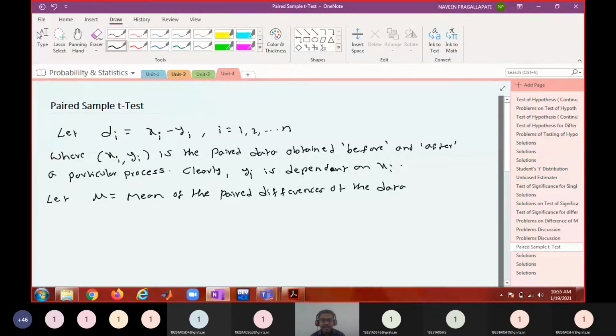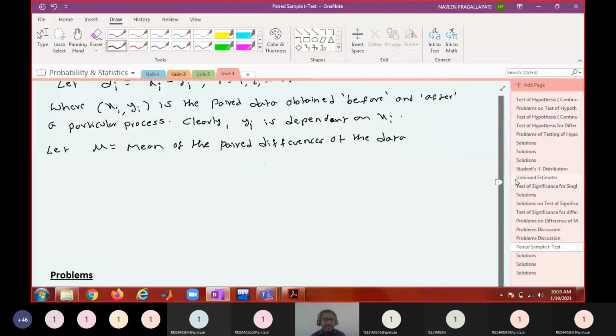Now we want to apply the test. What is the test called? Paired sample t test. Let me write it down.